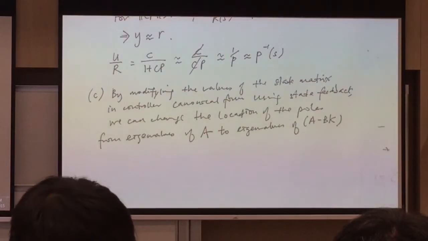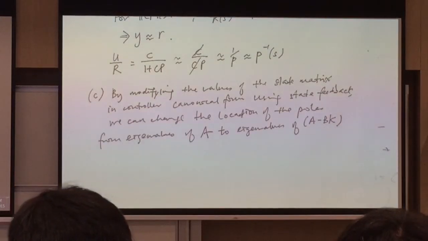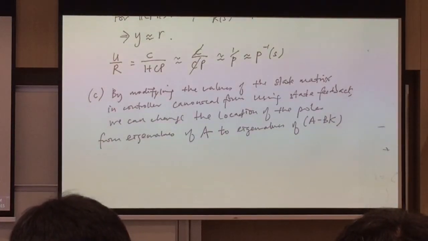So by modifying the values of the matrix, controller canonical form uses state feedback to change the location of the poles from eigenvalues of A to eigenvalues of A minus BK.